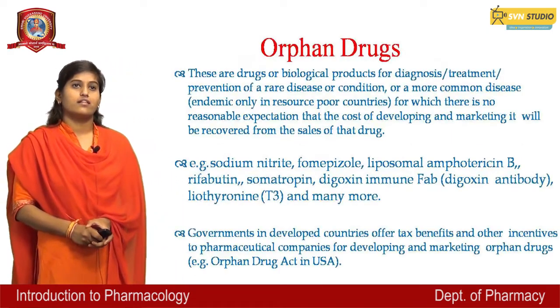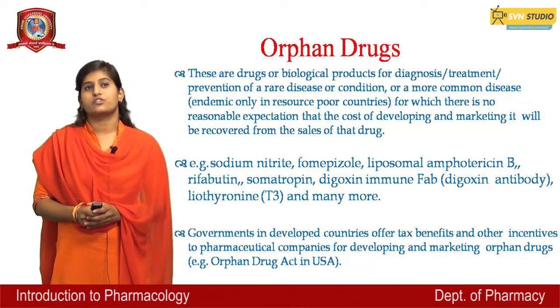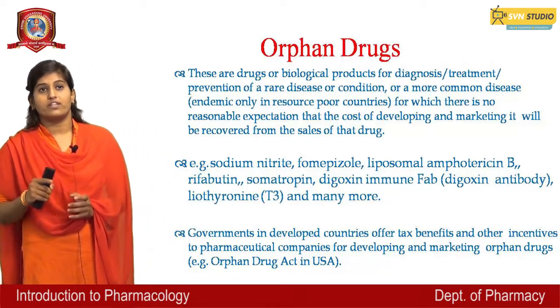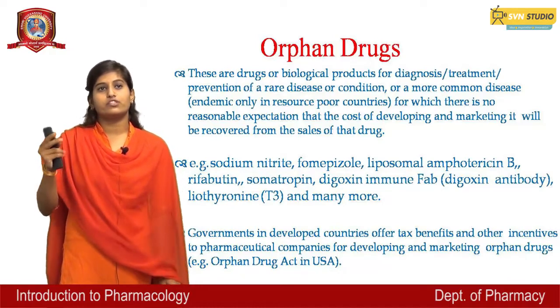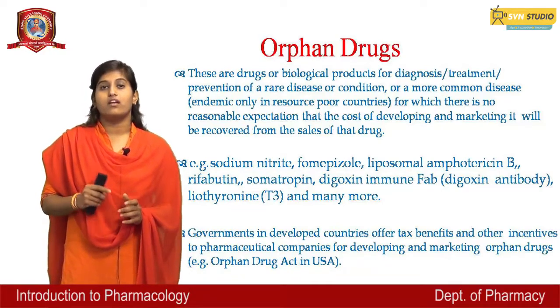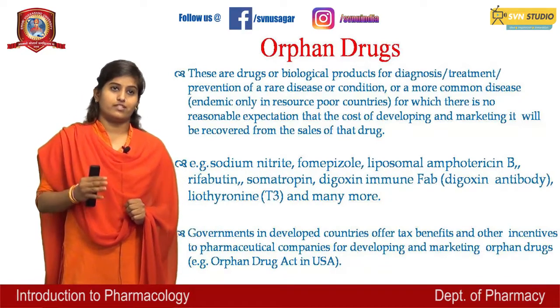Orphan drugs. These are drugs or biological products for diagnosis, treatment, or prevention of a rare disease or condition, or a more common disease endemic only in resource-poor countries, for which there is no reasonable expectation that the cost of developing and marketing it will be recovered from the sales of that drug.